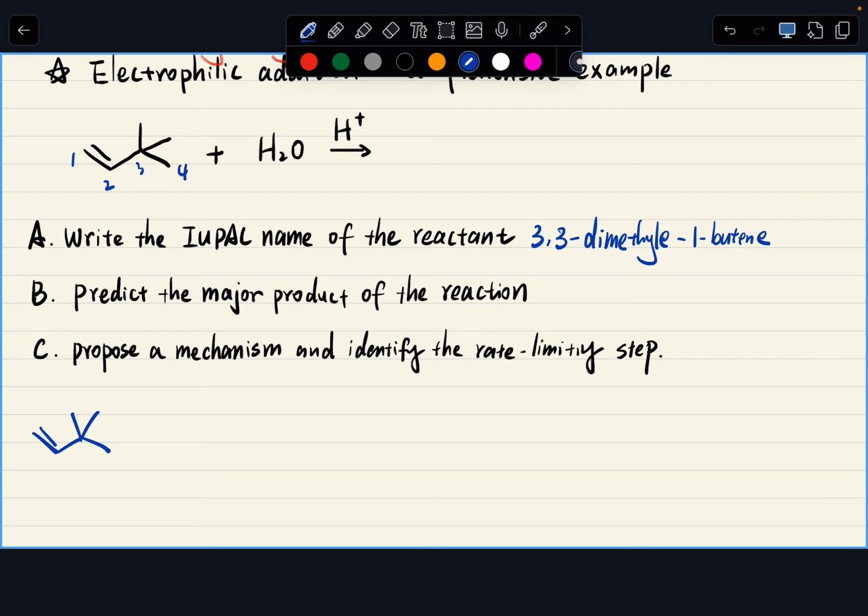It's acid catalyzed hydration. So the first step is electrophilic addition, forming the more stable carbocation intermediate. And that's our reaction A. Now in this process, we want to form the secondary carbocation instead of the primary carbocation, because the secondary is more stable compared to the primary.